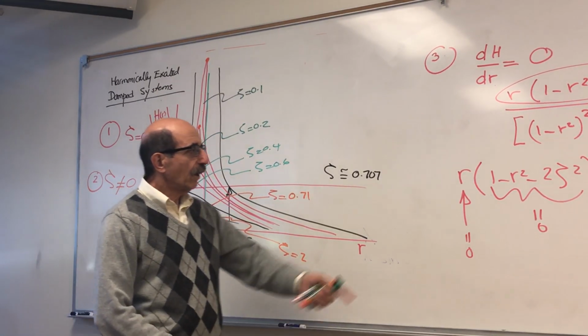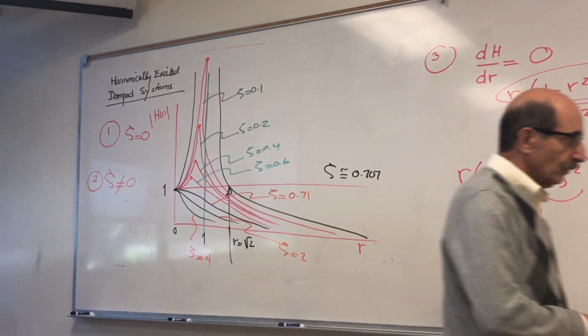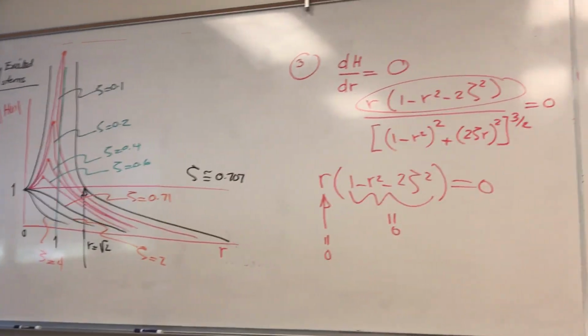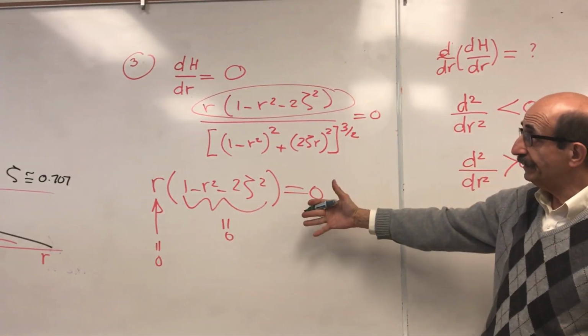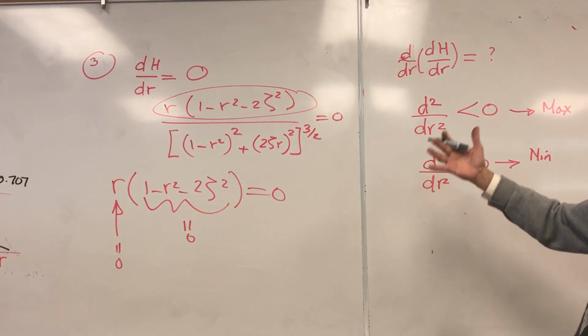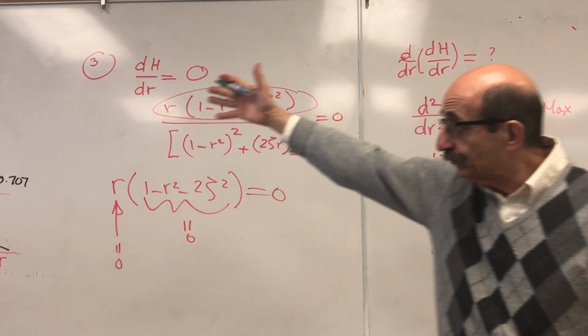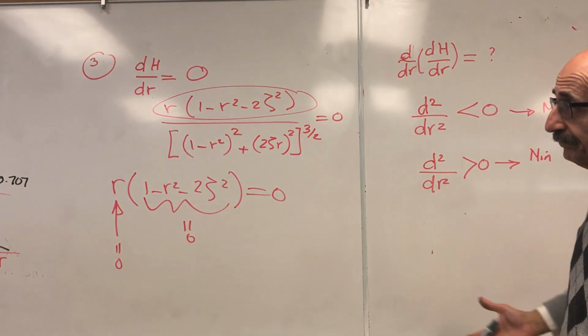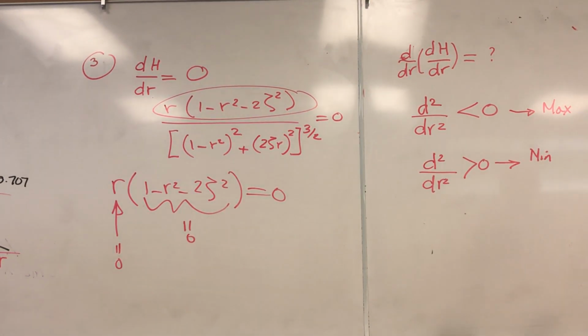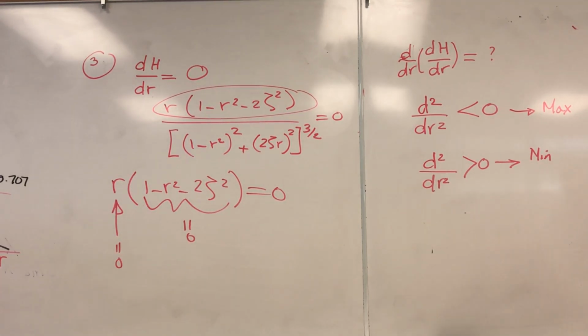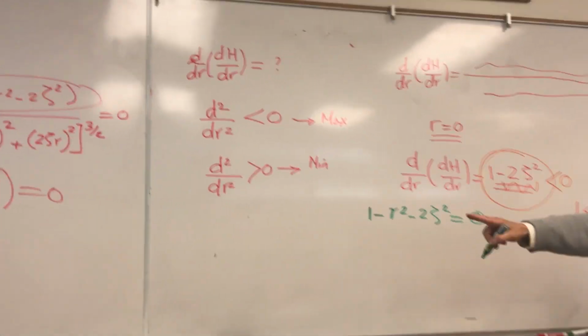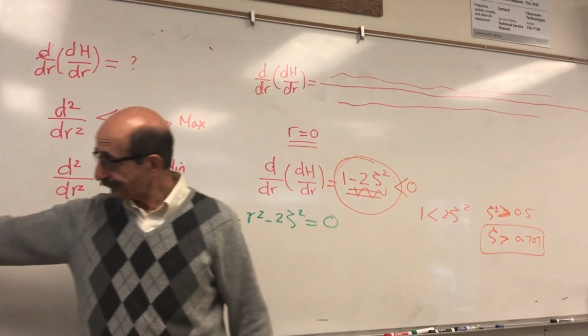Now, how about for this case? We said we have to take the derivative in order to find out the value of that maximum frequency response function at the point of maximum. So now the second option is R squared minus 2 zeta squared equal to 0. This is the second possibility, right?